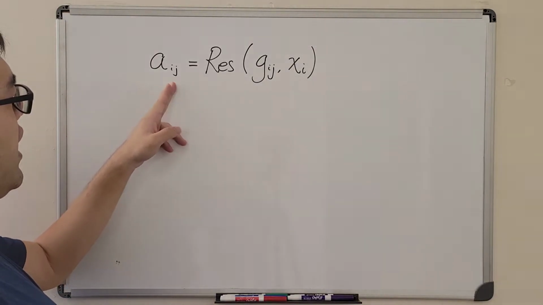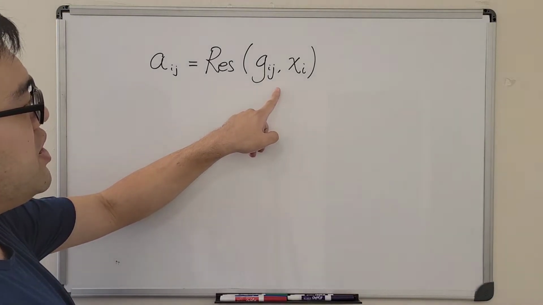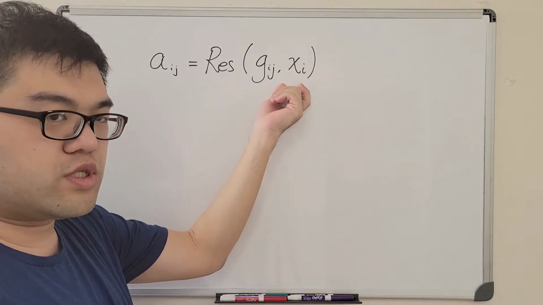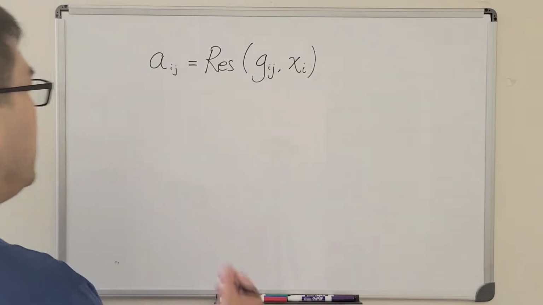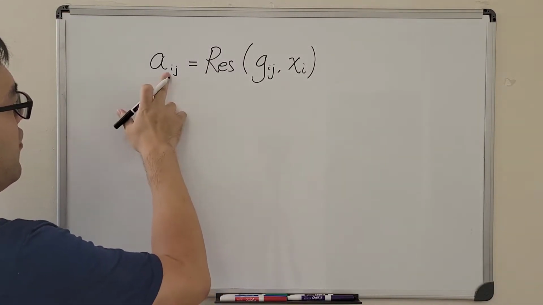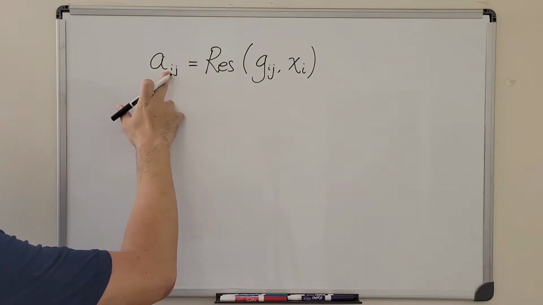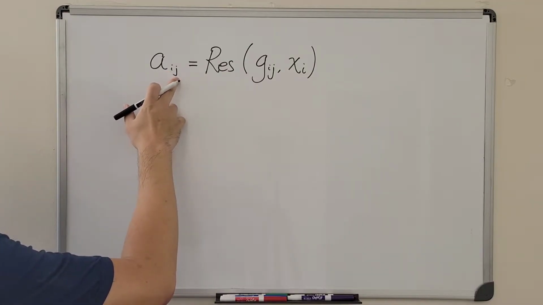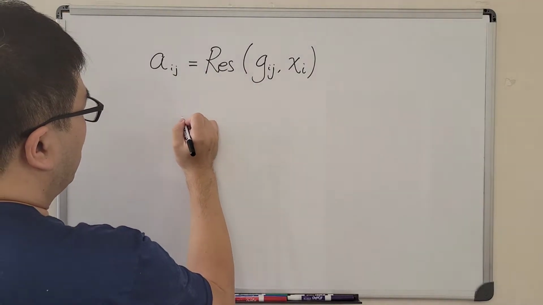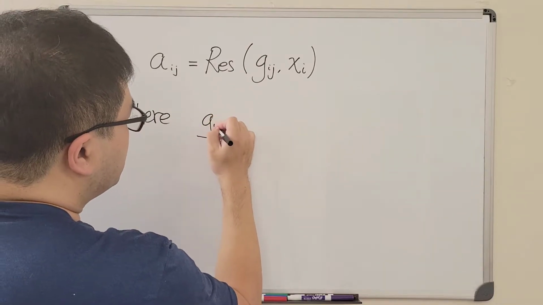We have a_ij is equal to the residue of g_ij at x_i, where again x_i are the roots that we have in the fraction. And a_ij is referring to the coefficient of the x minus x_i term with some power in the fraction, where g here is also a function.